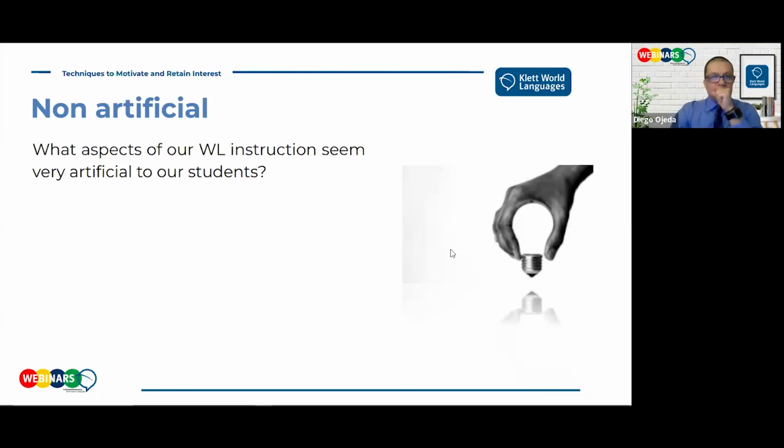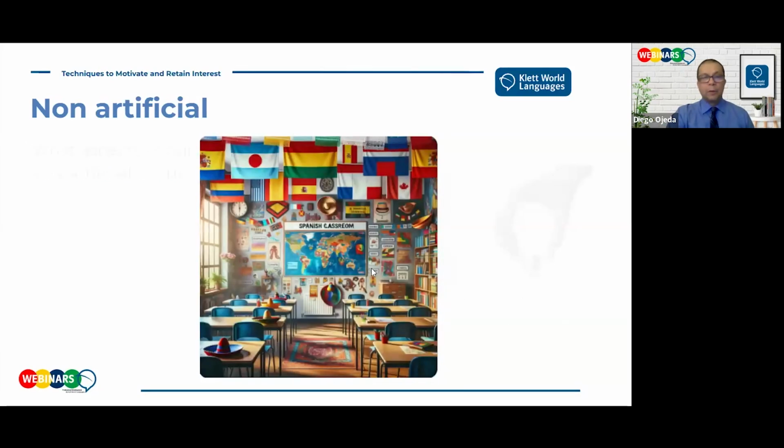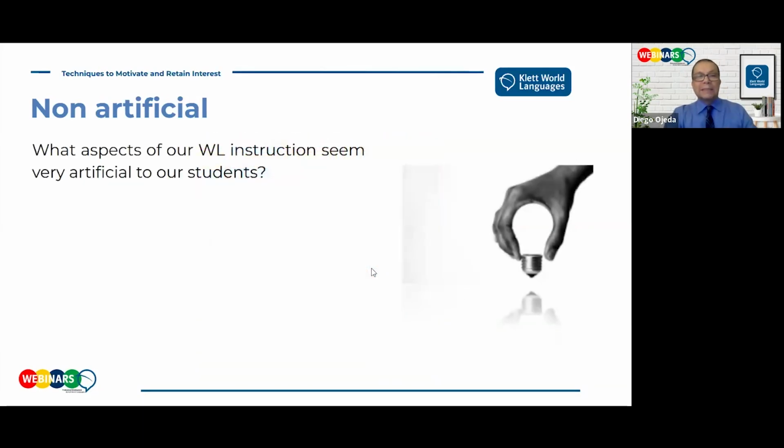What aspects of our world language instruction seem very artificial to our students? For example, okay, so what are those aspects? Maybe when we're not able to connect with them on a more human, I'm not going to say personal level, but a more human level, they feel that the teacher is there because they have to be there, and the teacher is not real, that the teacher is artificial.